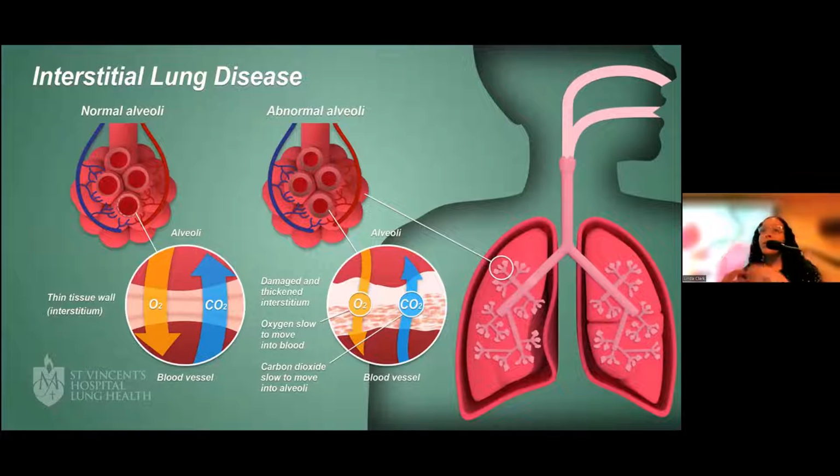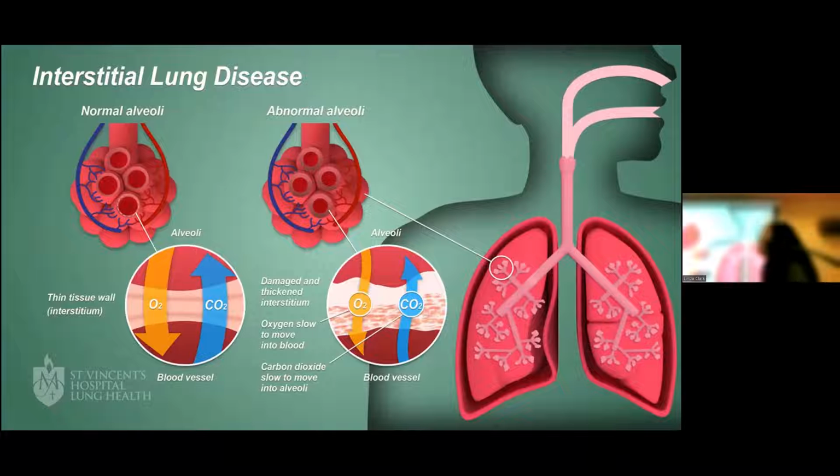That's really where the magic of breathing happens in the body. Oxygen has to pass from the alveoli through this thin tissue wall, which is the interstitium, the actual tissue of the lungs, and then it has to be picked up in the very small blood vessels in the lungs that carry the oxygen throughout the body to our muscles.